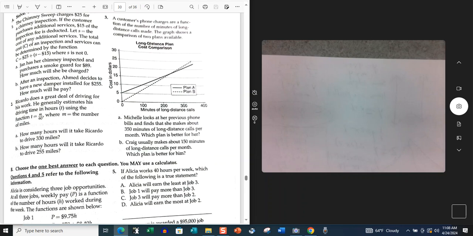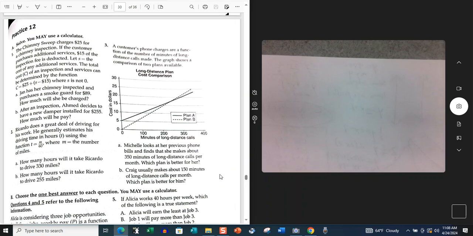It says solve, you may use a calculator. Okay, number 1, the chimney sweep charges $25 for a chimney inspection. If the customer purchases additional services, $15 of the inspection fee is deducted. Let S equal the cost of any additional services.